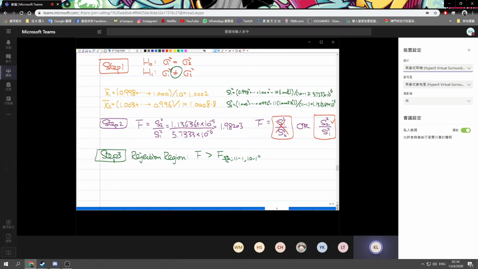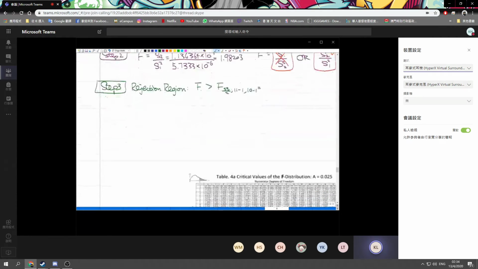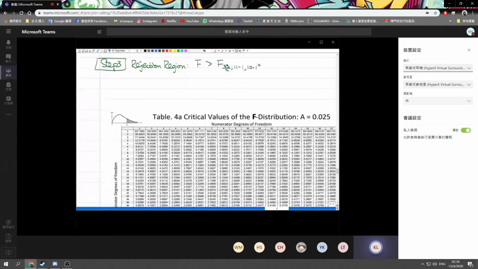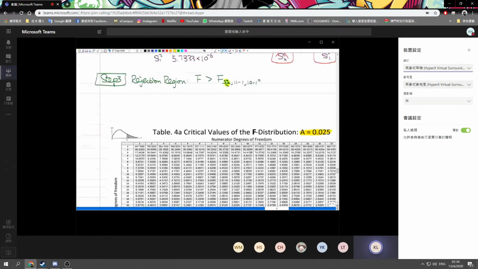So you go to the table with alpha equal to 2.5%, then the column 10 because the first degree of freedom is 10, and the second degree of freedom is 9.